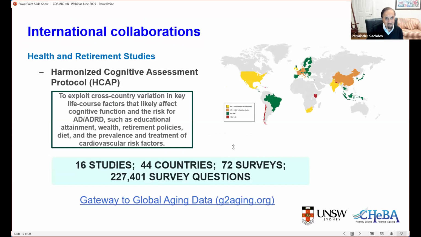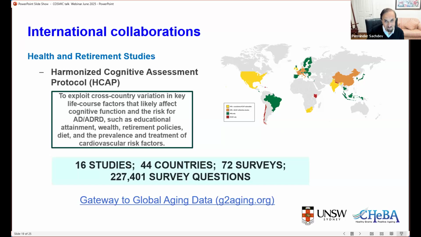We are beginning a collaboration with the Health and Retirement Studies. Some of you may be familiar with these studies. These studies were funded by the NIH largely. There are 16 studies in 44 countries. The focus here, of course, is more psychosocial and economic rather than medical, biological, although they are collecting biological data also to some extent now.